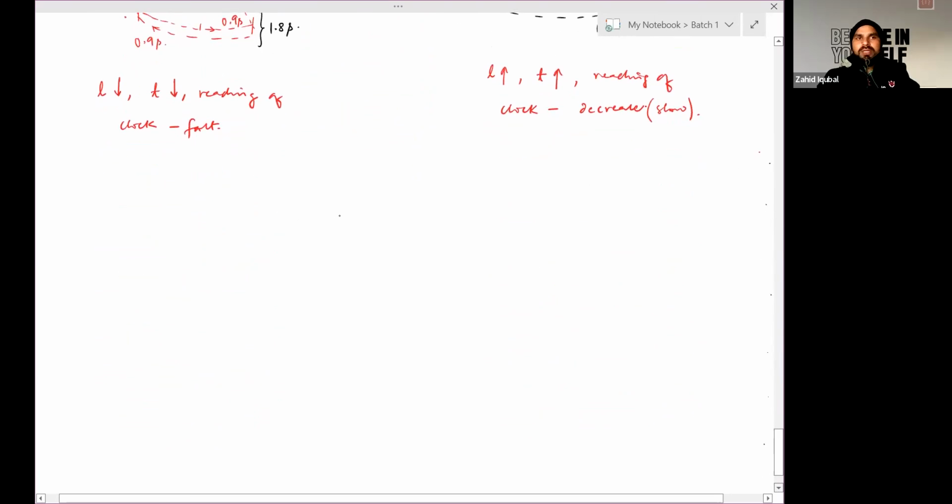So this is all about linear expansion of a rod and its related application. Next is areal expansion, which is also called superficial expansion.